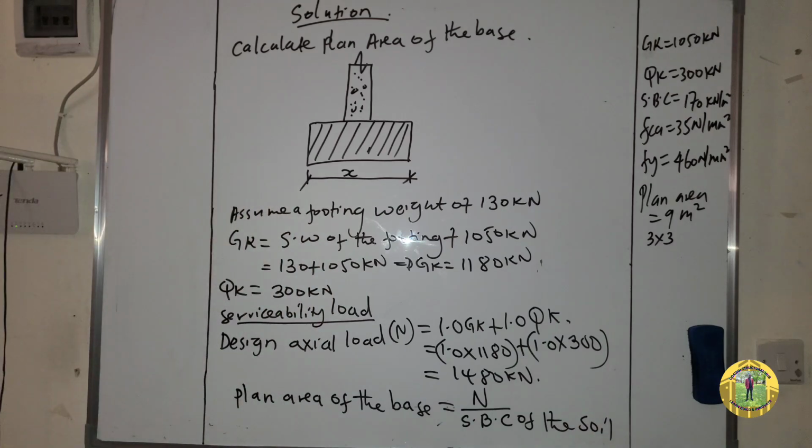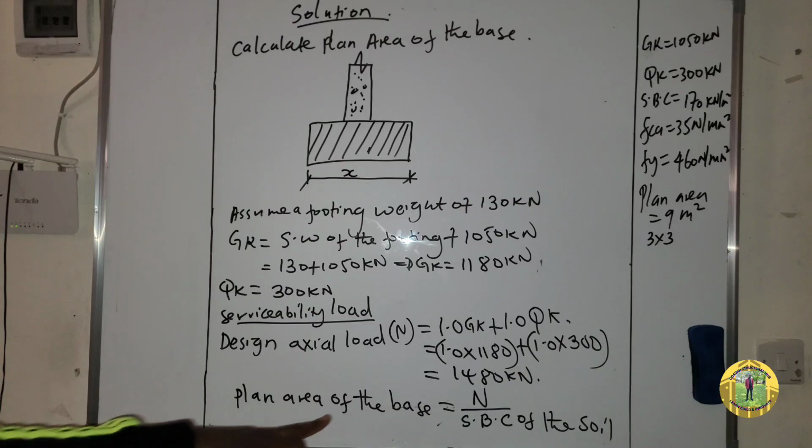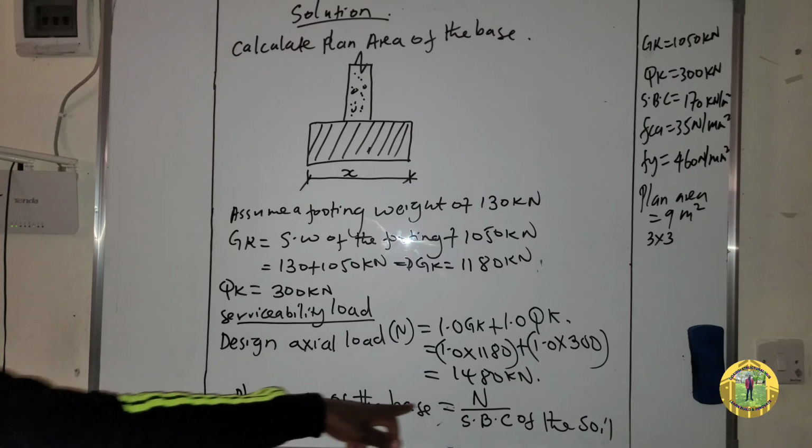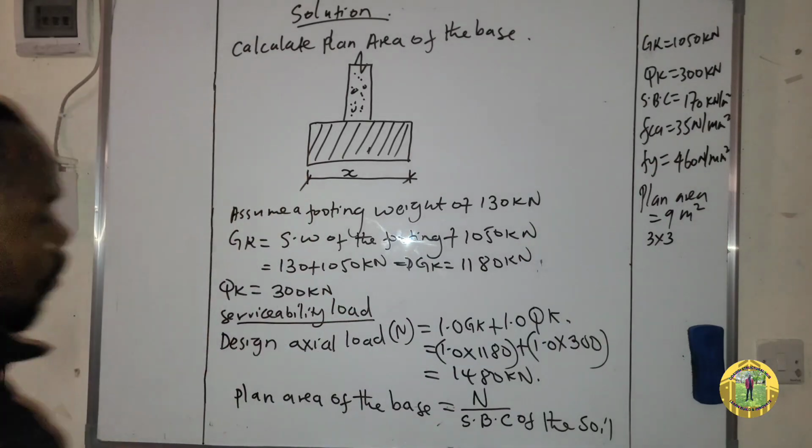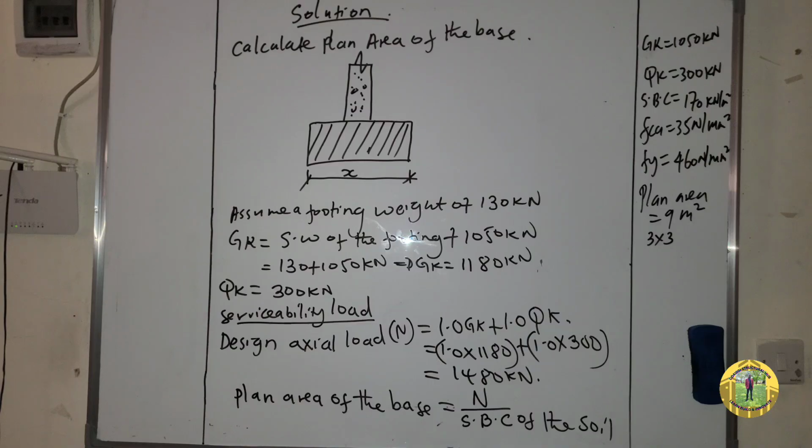This is the formula to calculate the area of the base: N over self bearing capacity of the soil, where N is equal to 1480 kilonewton and self bearing capacity you have been given as 170 kilonewton per meter square.